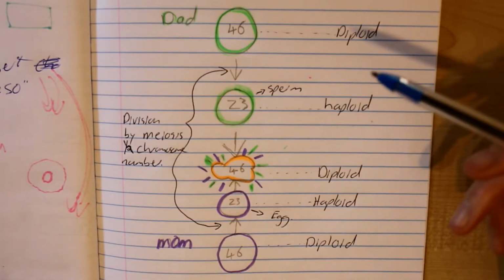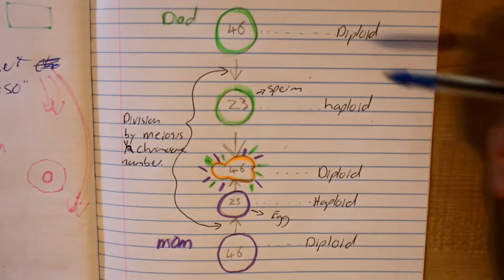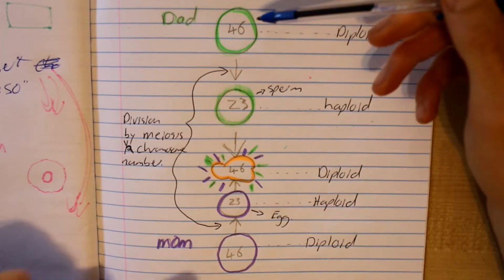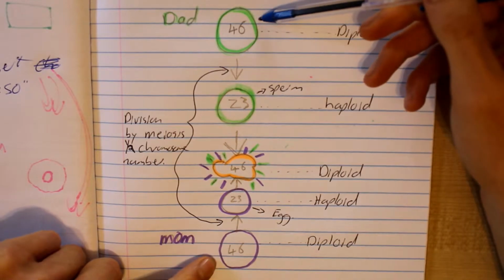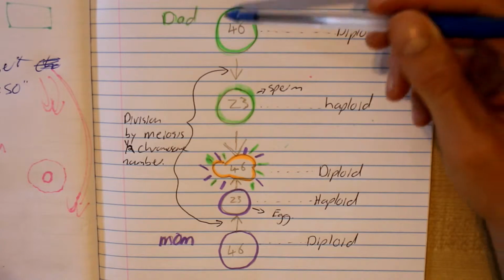So gametes are only produced in sexual reproduction, and they are unique because they contain only half the amount of chromosomes that a normal cell would contain. Let me explain. This is how gametes are formed in the process of sexual reproduction. At the start we have our parent cells. These are normal cells that contain 46 chromosomes per cell.